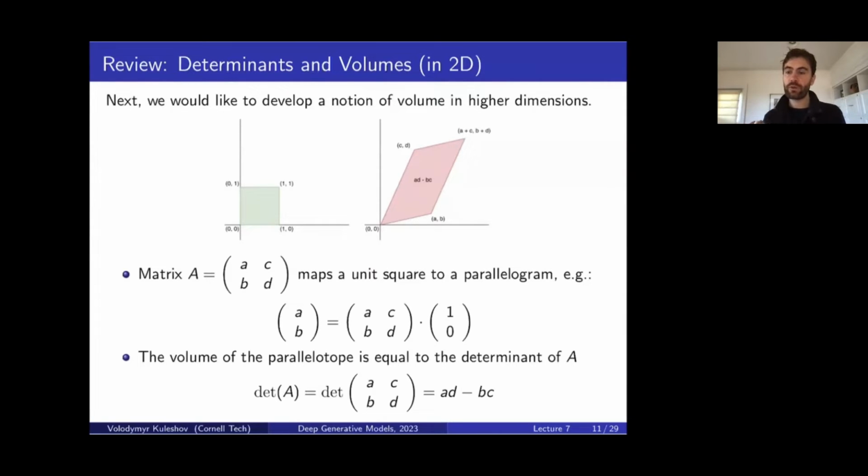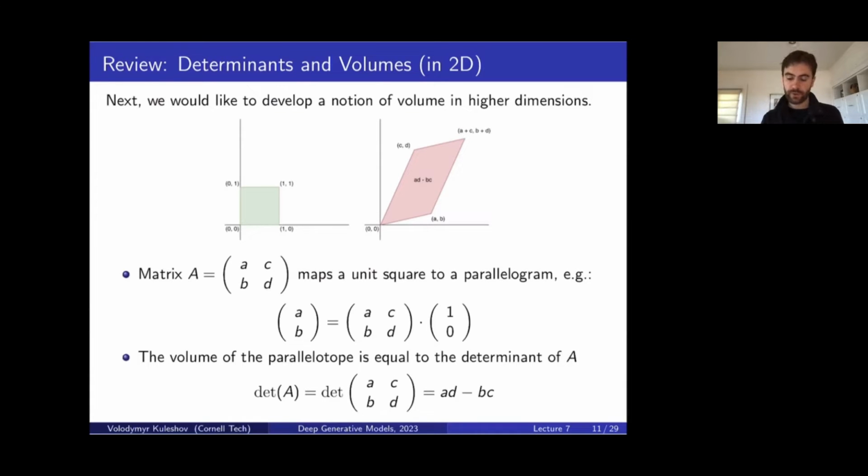And this notion of volume is given to us by a concept from linear algebra that we all know and love, called the determinant. So if you remember linear algebra, the determinant is a measure of volume in higher dimensional spaces. In particular, let's start in 2 dimensions.